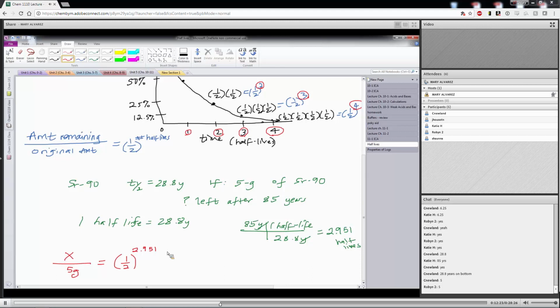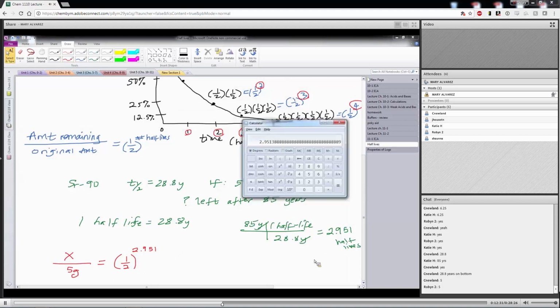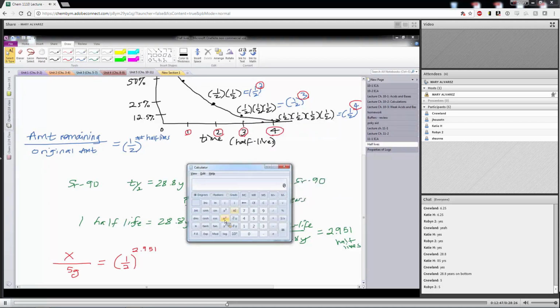And now I solve for x, which is just a little bit easier said than done because everybody's calculator is a little bit different. But if I'm raising something that's not 10 to something that's not like 1, 2, or 3, this gets tricky. On this calculator, I'm going to use the x to the y button.